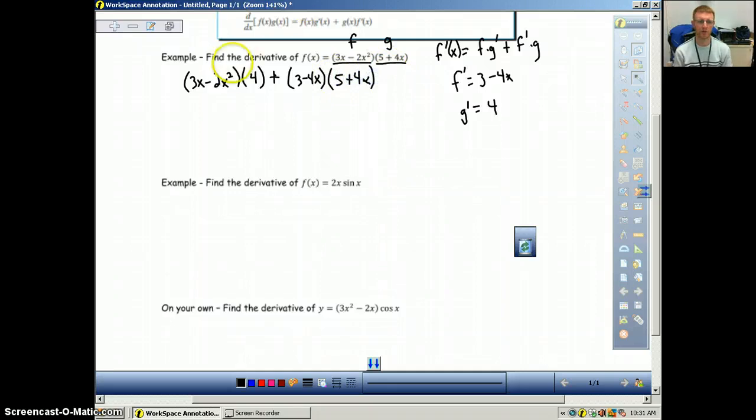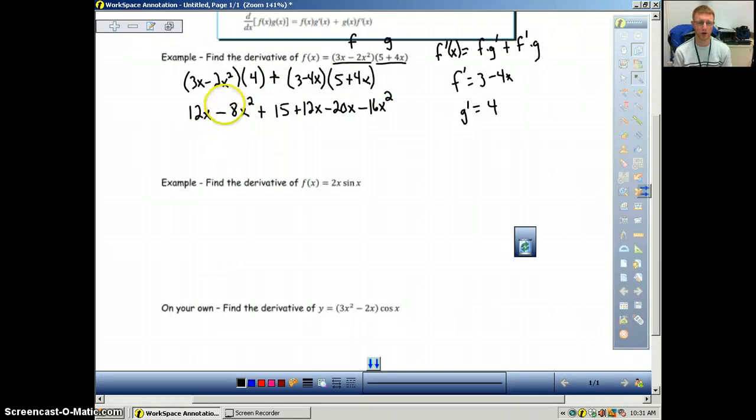And then from there we want to simplify. So we're going to multiply the 4 through, so we get 12x minus 8x squared, plus, and then we have to FOIL this, so we have 15 plus 12x minus 20x, and then minus 16x squared.